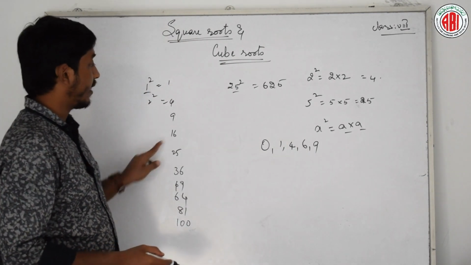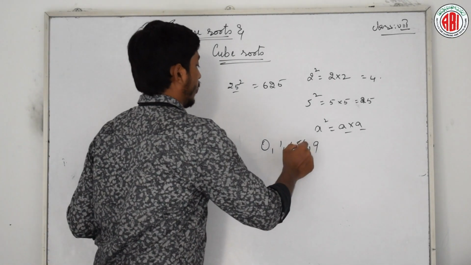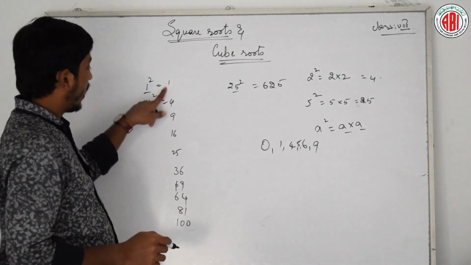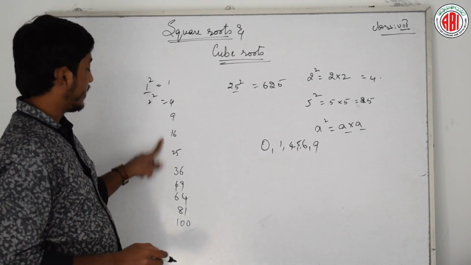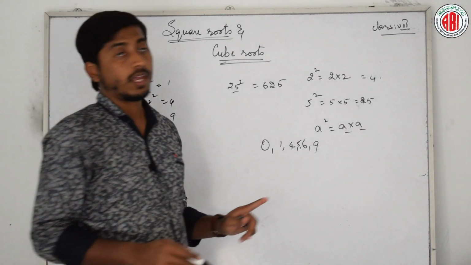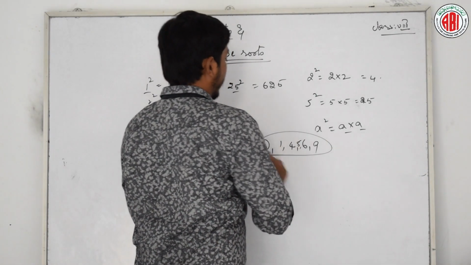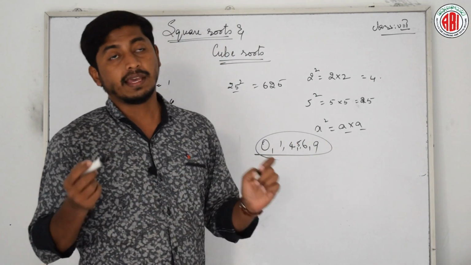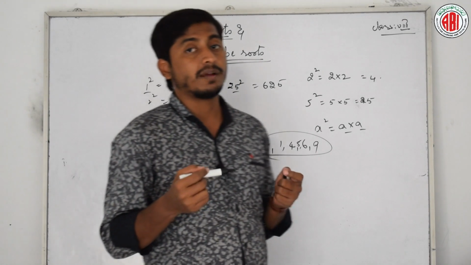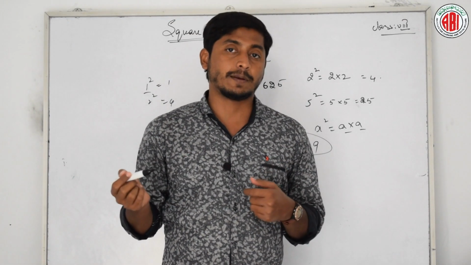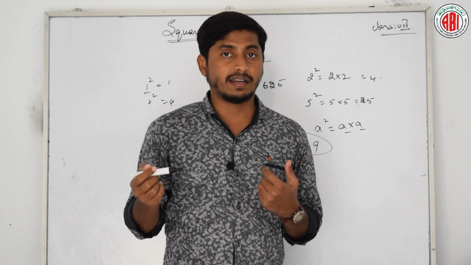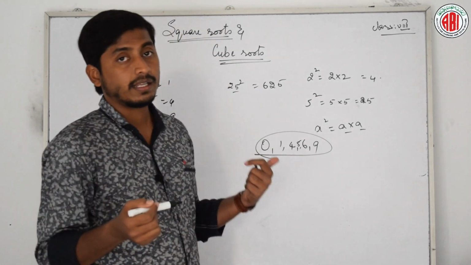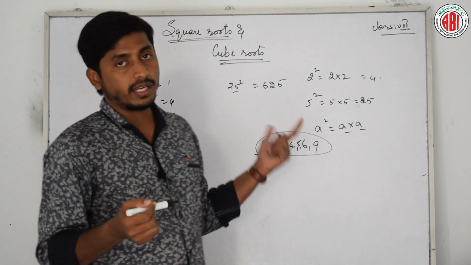Is there anything extra? 5 also. Okay, 0, 1, 4, 5, 6 and 9. If these numbers are in the unit place, then only there is a chance of a number to become a perfect square. Is it right? Did you understand? That is what we will learn everything now.